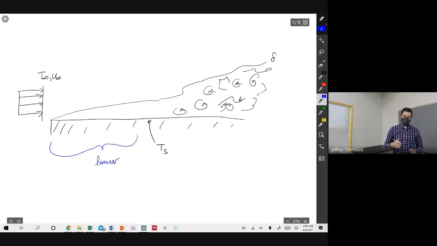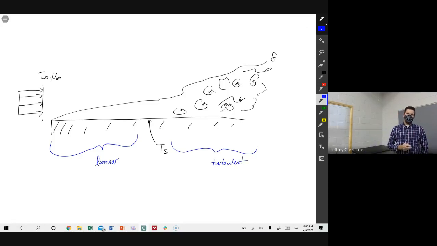In the laminar boundary layer, we can calculate things relatively easily. In the turbulent boundary layer, we're going to see a little bit how we can get at that, but it's going to be a mix of experiments and empirical models, semi-empirical models.